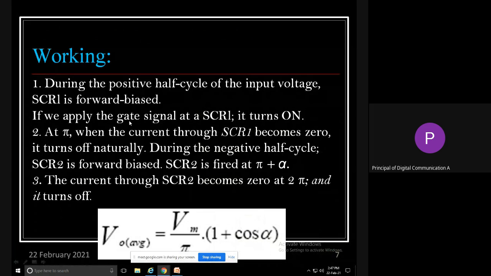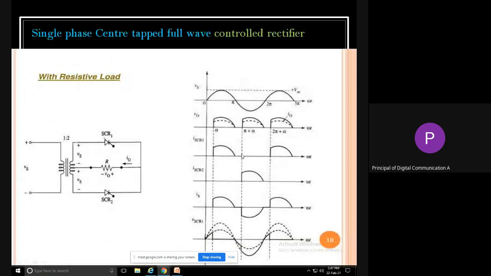If we apply the gate signal, that is the gate current, at SCR1, it turns on. So at that time, what is the time duration? Because we know that the x-axis is the time axis, and omega t is nothing but angular time.